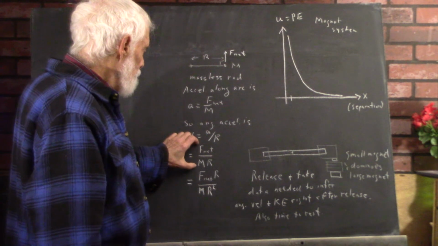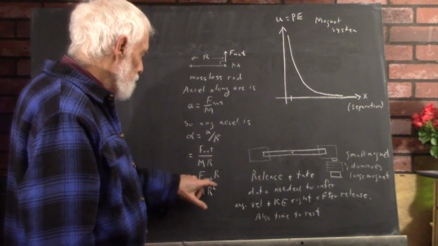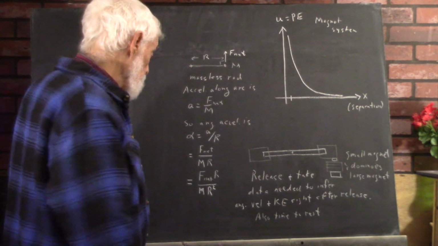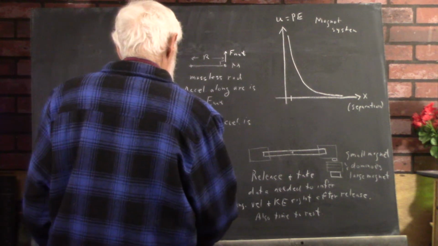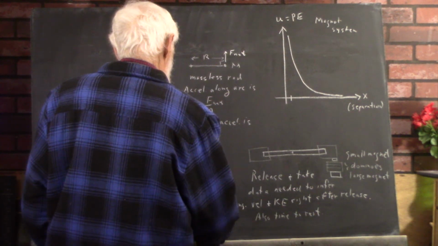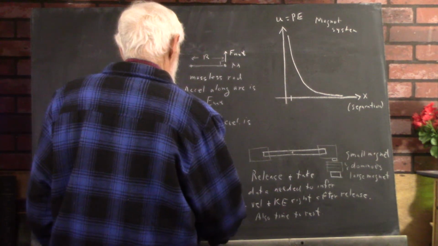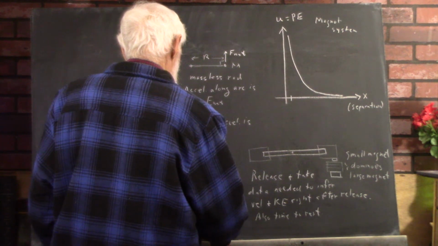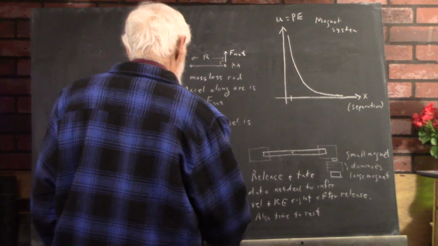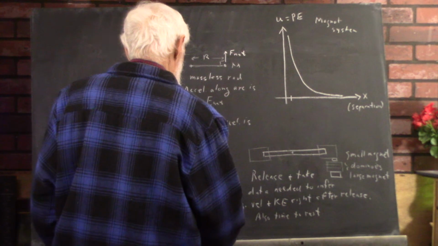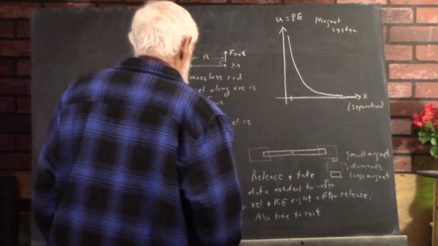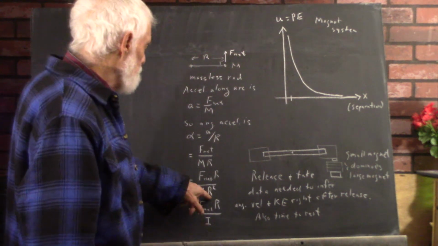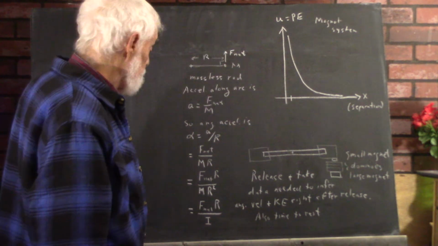Okay, so you have this. Now clearly here I can multiply numerator and denominator by r, and this is what I get. But mr squared is just the moment of inertia of this system.